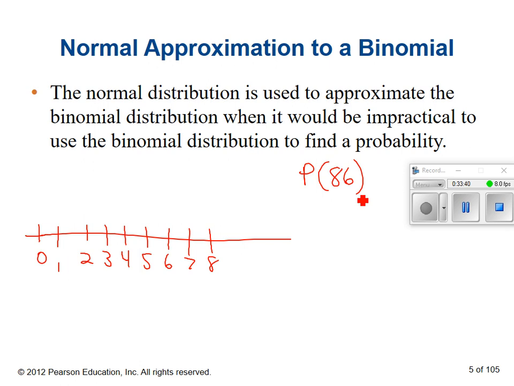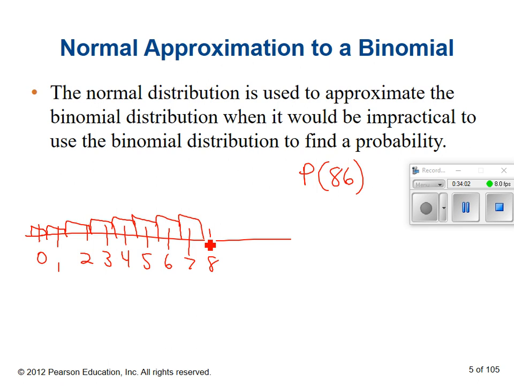And we'd have to find the area of that bar, area of that bar, and so on, and so on. And what would we do with all those areas? Add them all up. Do we really want to go out 86 times and find 86 different probabilities?